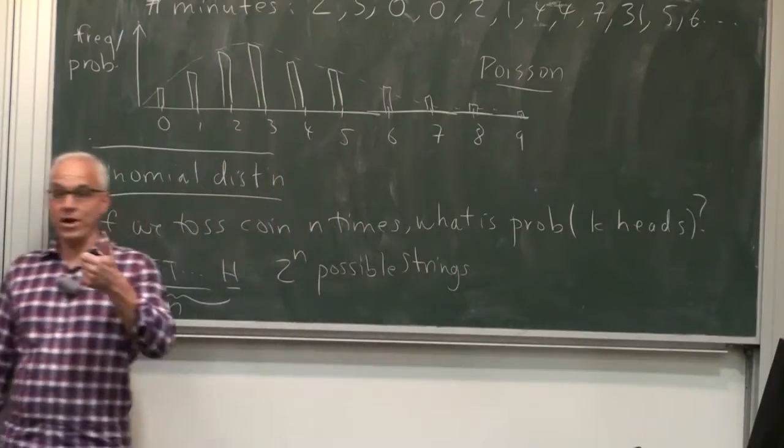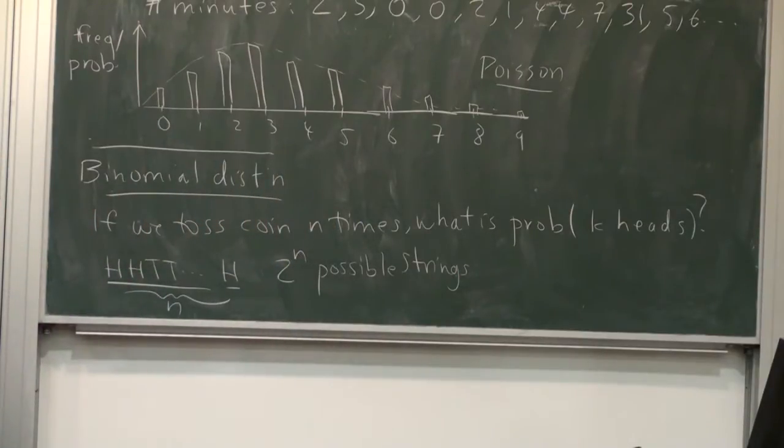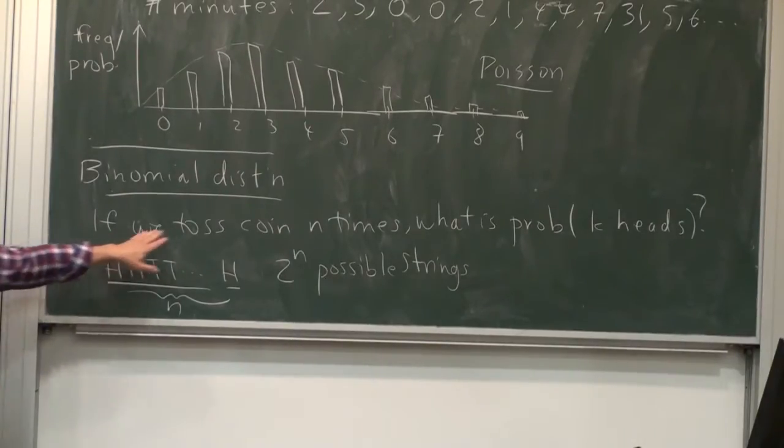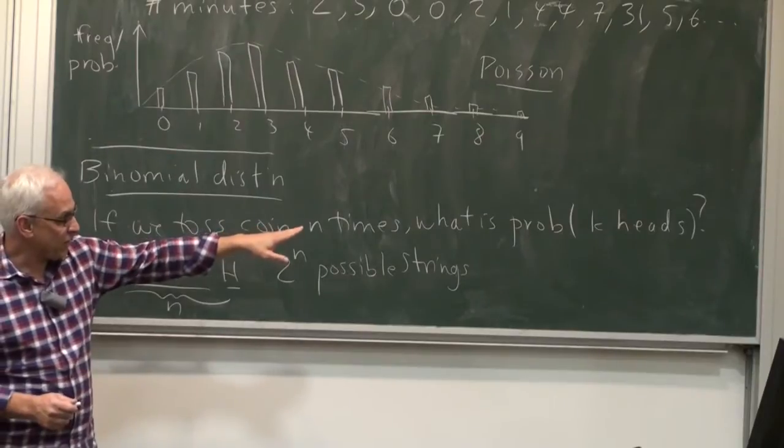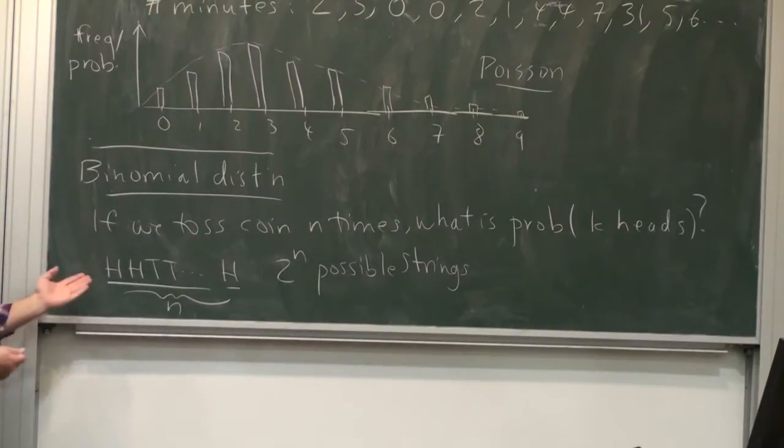If we assume that the coin is a fair coin, equally likely to land heads or tails, then each of these 2 to the n possible strings is equally likely. No one string is more likely than the other. We have a uniform distribution. And so to compute the probability of having k heads, we have to ask, how many of these strings have exactly k heads in them?